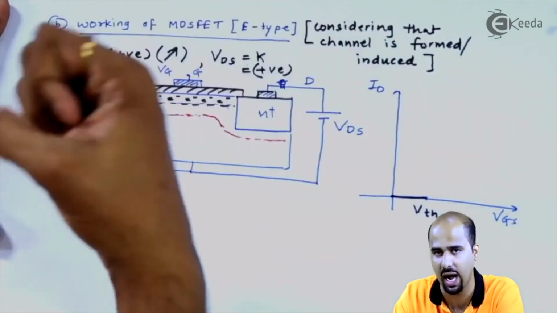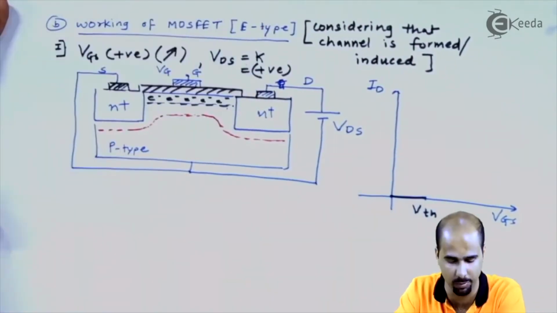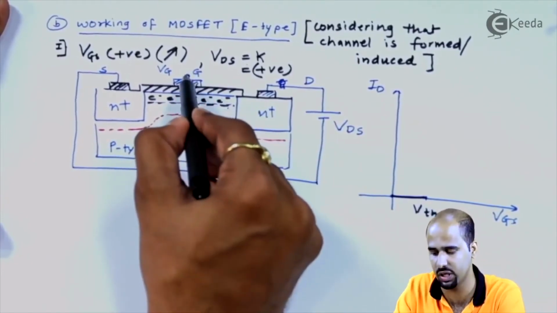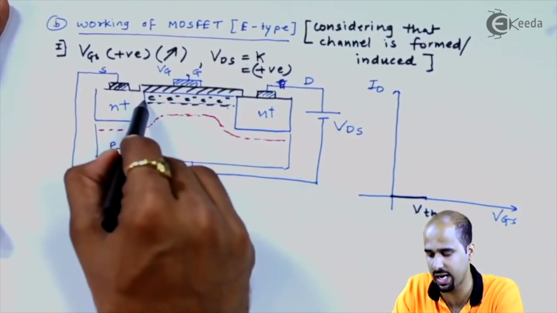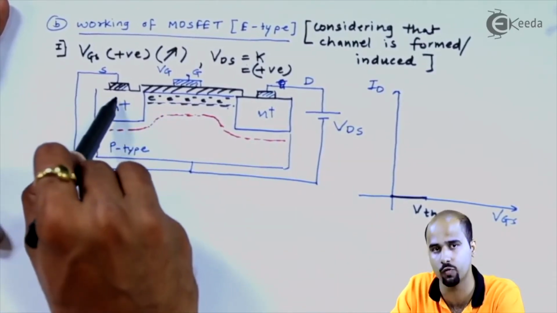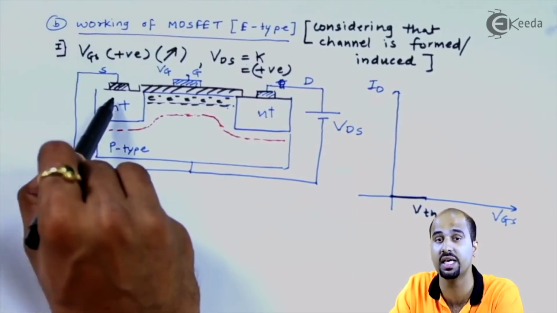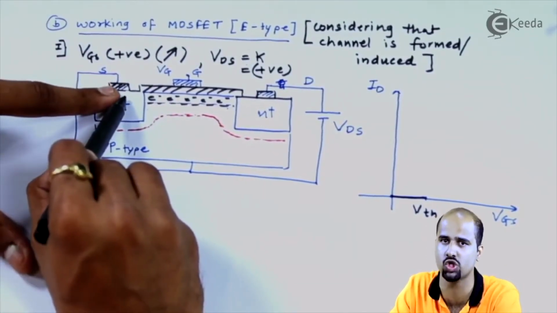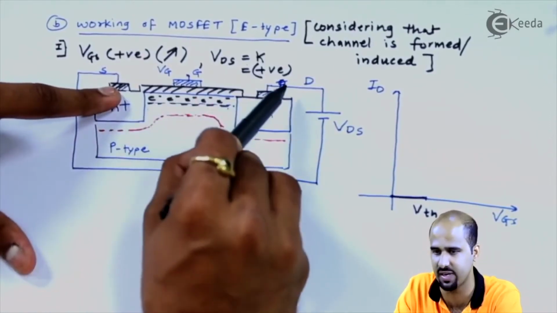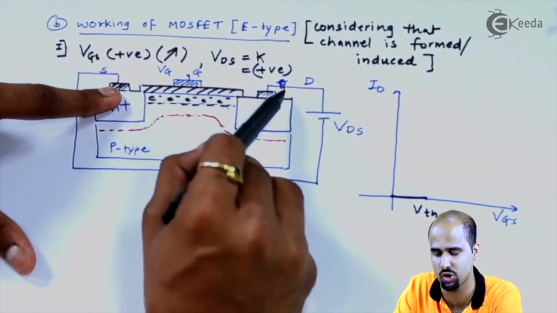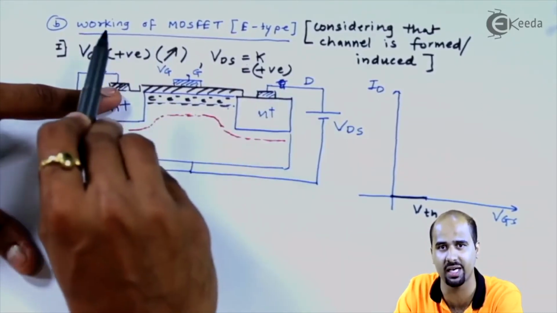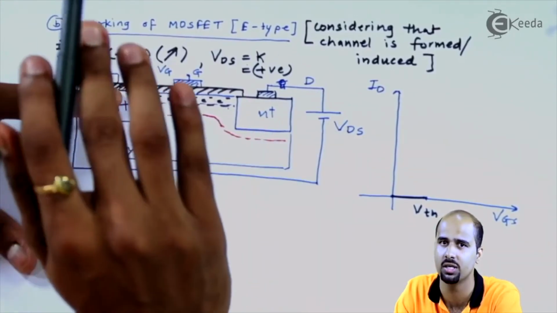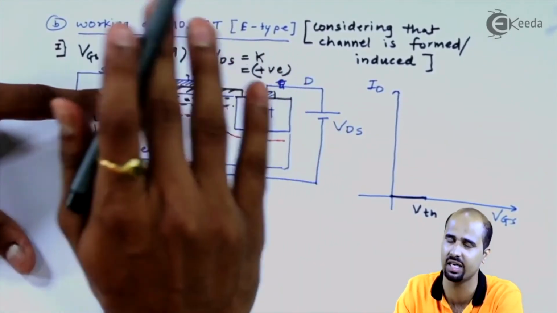And here in the actual case, once the channel gets formed at this particular voltage VTH, after that if you increase the value of VG, your acceleration of the electron from the source will be increasing, because the electron will get an electrostatic attractive force from gate as well as drain, and this gate and drain are situated exactly at the right hand side of this source. So at the same side I'm getting the force, which is attractive force.